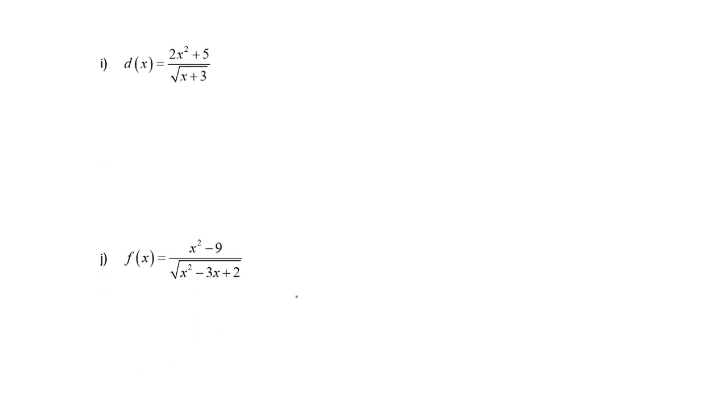In example I, we have d of x equals 2x squared plus 5 all over the square root of x plus 3. We have now combined fractions and radicals together. So the rules for radicals still apply. You cannot have x plus 3 less than 0. It has to be greater than or equal to 0.